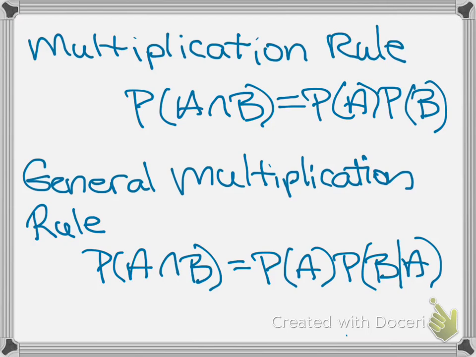So hopefully you can see the parallels between the two rules, the first for independent events and the second being the general rule for any two events. They both have this probability of A in them. What's different about the two equations is that instead of just multiplying by the probability of event B, as we did originally, we now have to multiply by the conditional probability that event B has occurred given that event A has occurred.